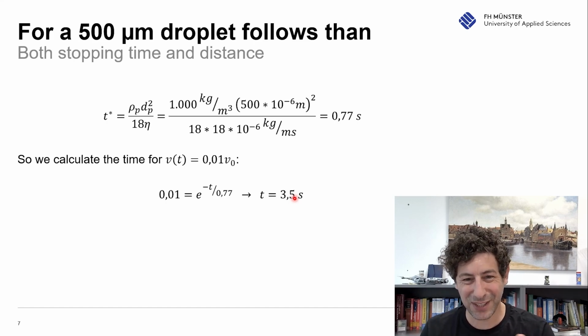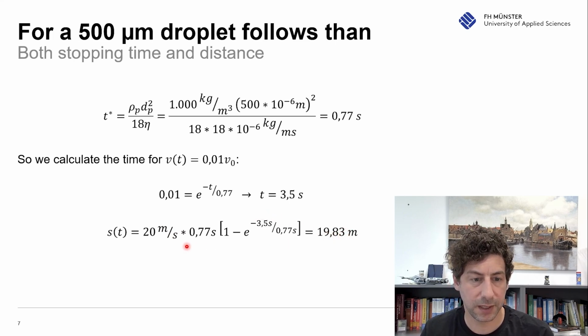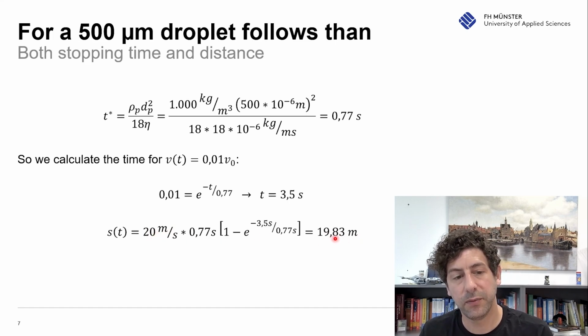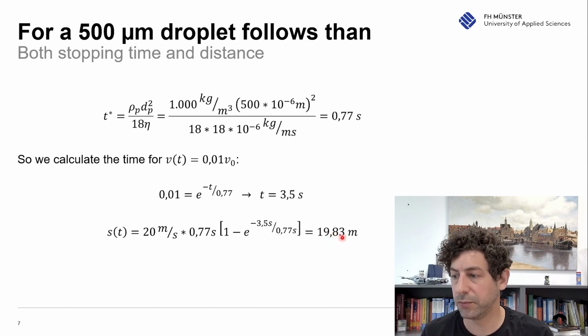This is a time scale which is observable. And if we look at the distance, in this time the droplet nearly travels 20 meter per second times nearly 1 second of starting velocity, because it decelerates in this time, right? But this is a very long distance compared to what we saw before for the small droplet.